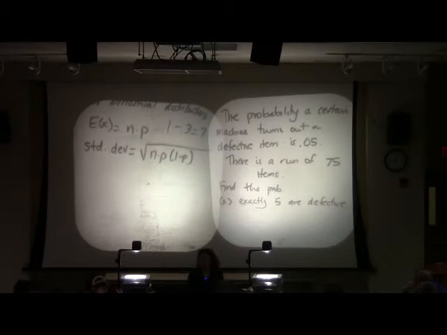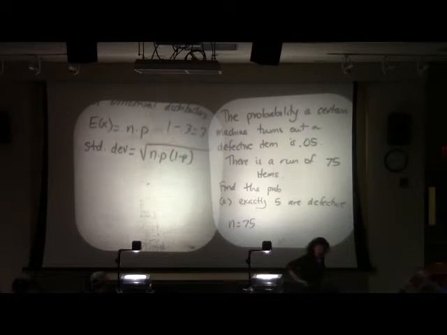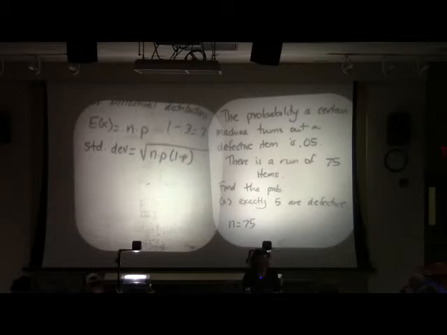What is n here? 75, right? Do you agree there's only 2 possible outcomes? Either the item is defective or it is not defective. And last but not least, whether one item is defective is seemingly independent as to whether another item is defective.